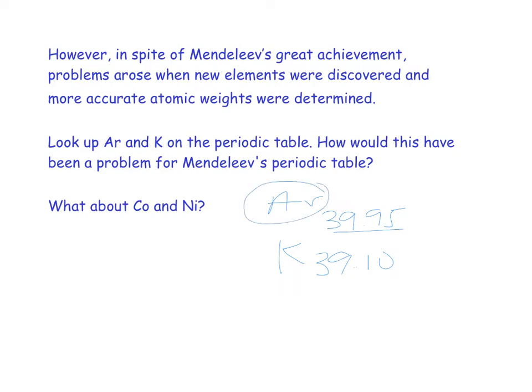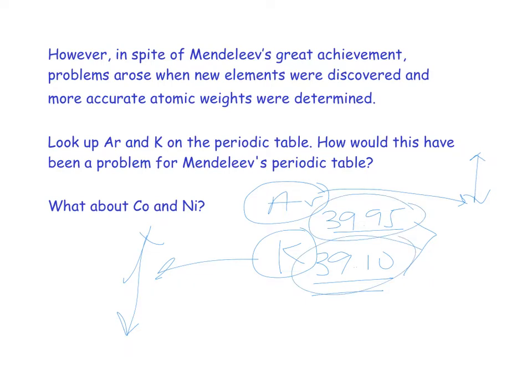But what we observed with their properties is argon is very non-reactive and it fit better coming before potassium. Potassium fit, where we see it now, with the alkali metals as a really reactive metal, but it didn't match up with the mass. So it made us reconsider that maybe ordering the periodic table by mass isn't the best number to be ordering the table by.